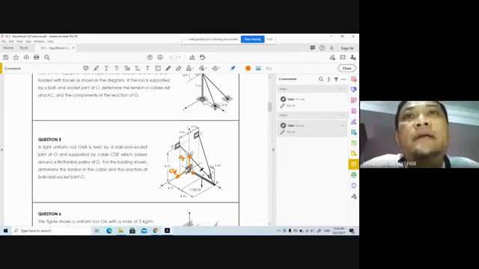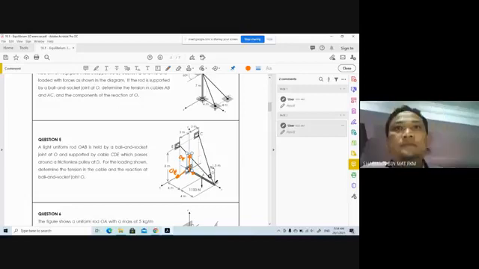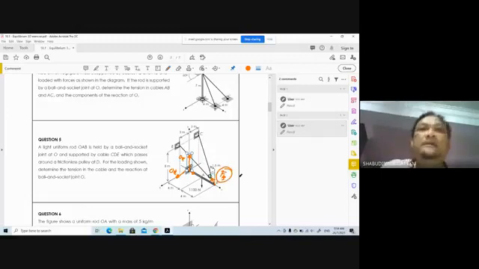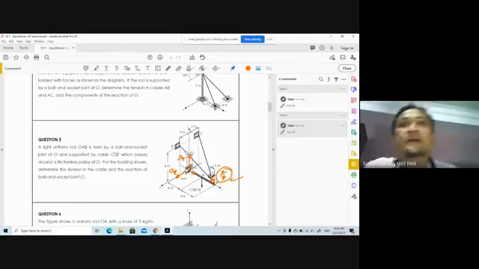Then you do the analysis at point B. It's just one force going there. Get the force in B first. That's it. You only have 4 unknowns: FB, OX, OY, and OZ.